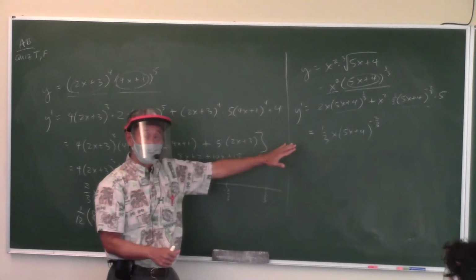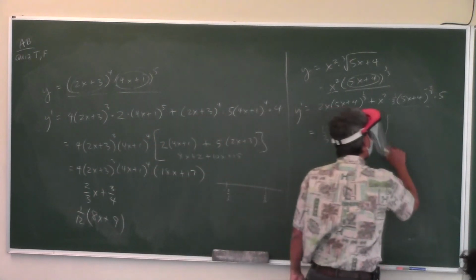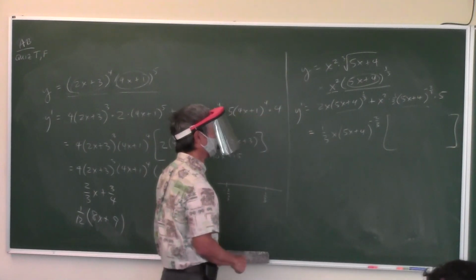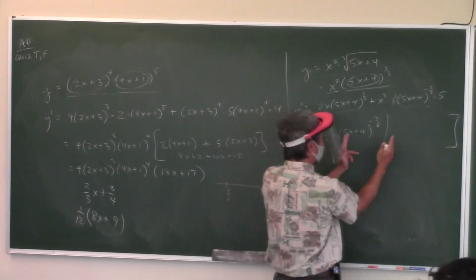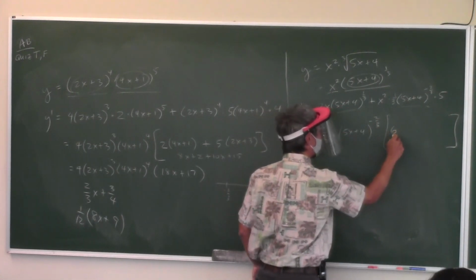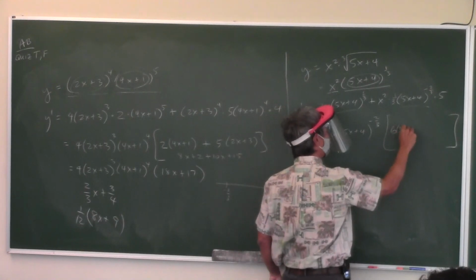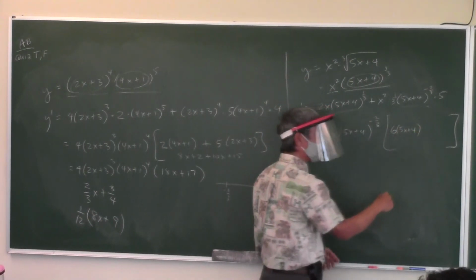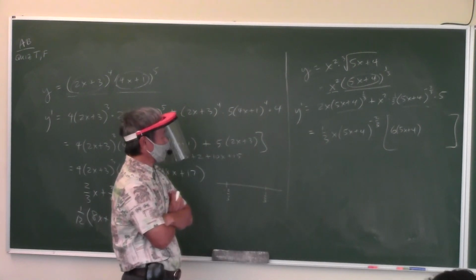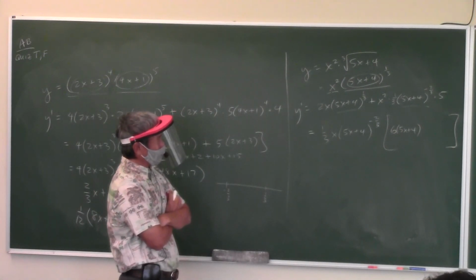Okay, but that's the least of your worries. What goes in the brackets? In other words, this times what will give you that? 6 times 5x plus 4 to the what power? 1. Very good.